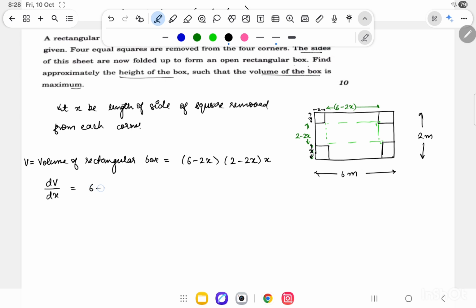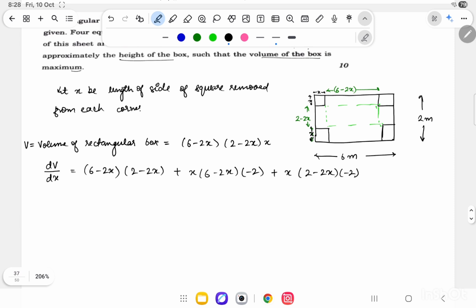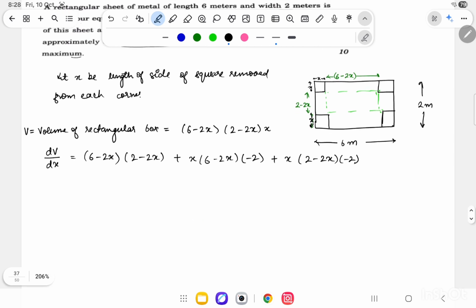So it will be (6 minus 2x) into (2 minus 2x) plus x into (6 minus 2x) into minus 2 plus x into (2 minus 2x) into minus 2. Let's calculate its second derivative here only, so that we don't need to calculate it again.